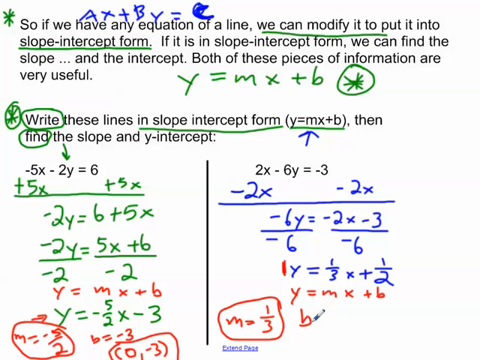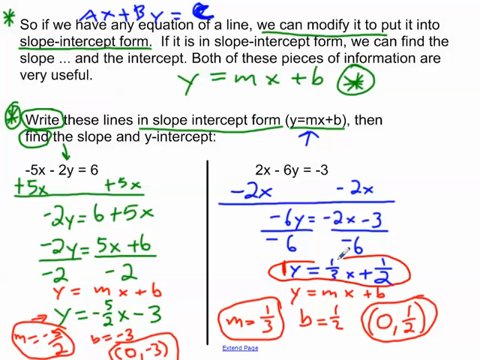And we can also say that b equals 1/2. We've modified it to get it into slope-intercept form to pull out the slope and to pull out the b. B is 1/2, so therefore our y-intercept happens when x is equal to 0 and the y term is 1/2. So there's our answer. Again, 3 answers: slope-intercept form, and slope and intercept.